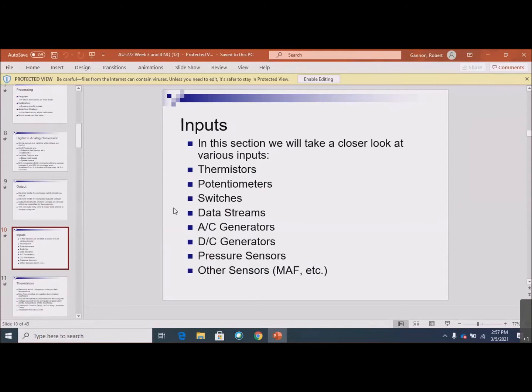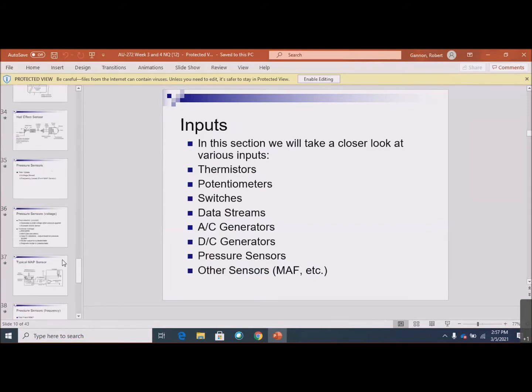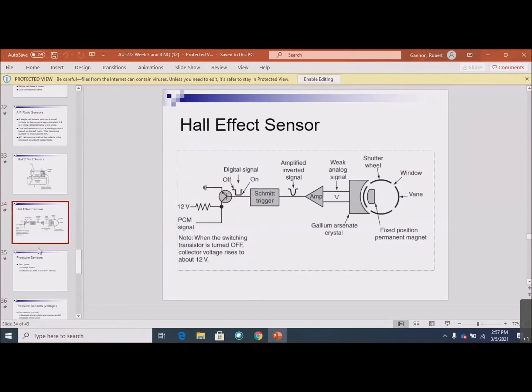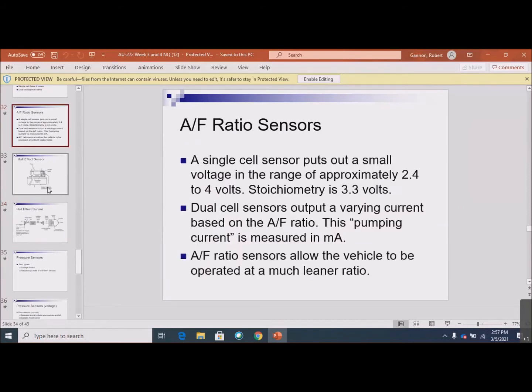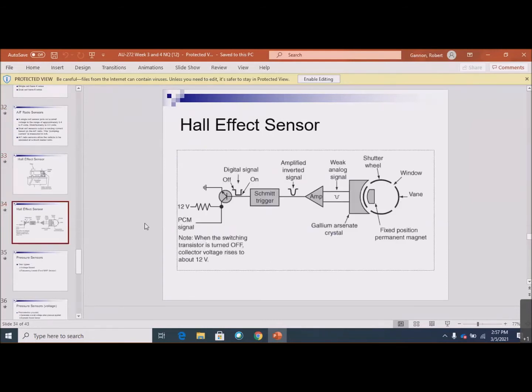So we left off with basically oxygen sensors and air-fuel ratio sensors. So let me scroll down to that. And let's see. So we did air-fuel ratio, then we did Hall effects, and this was the last slide we looked at last time.